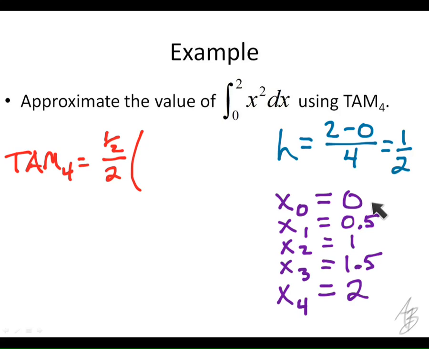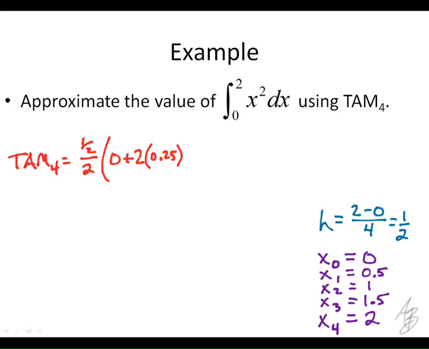Well, we're going to put 0 in for x here. Our function is going to be x squared, so y0 is going to be 0, plus 2 times y1. y1 we get by plugging 0.5 in for x squared, and it's going to be 2 times 0.25.